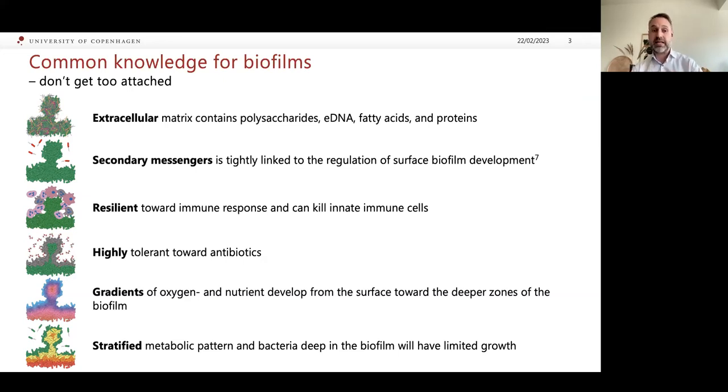And this is actually going directly back to the resilience towards antibiotics and the immune response, because slow-growing bacteria will survive more of these attacks. So, but all of this has really been something that we have learned from these surface-attached biofilms.